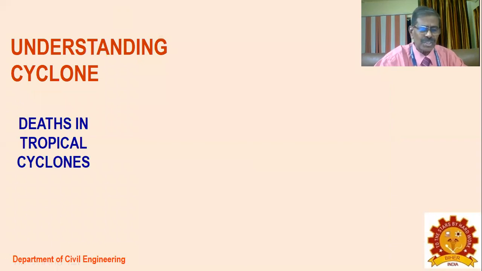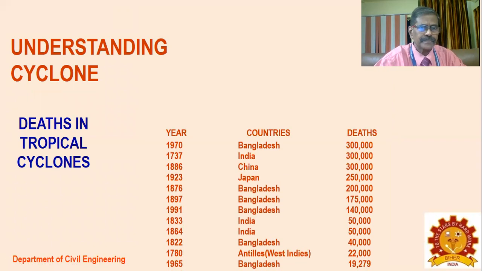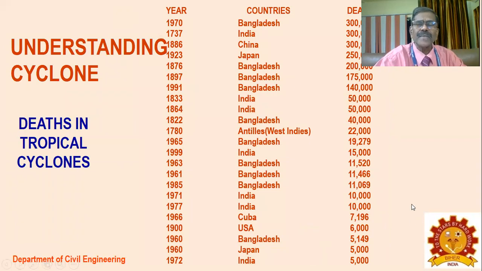So, understanding the storm. If you want some statistical data about the storm, you see Bangladesh, 3 lakh people died. And if you see India, China, everywhere, people in most countries are dying because of the storm.